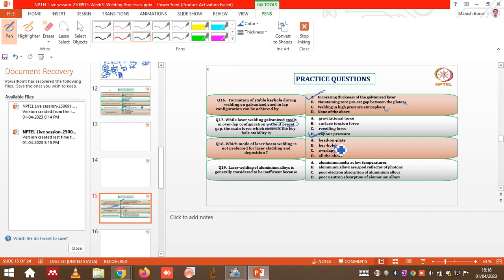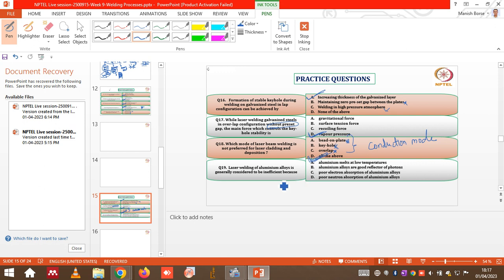And bead on plate is also not possible. So obviously all three are not preferable, and the most preferable mode here is conduction mode. So all of the above is the answer.